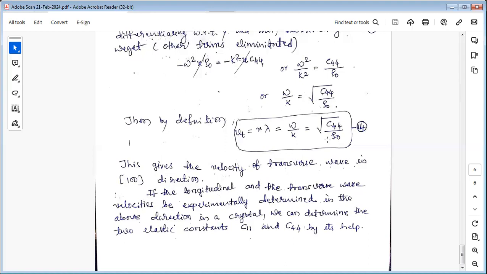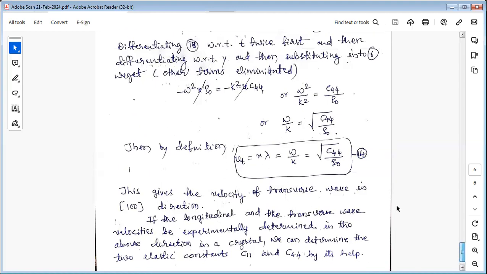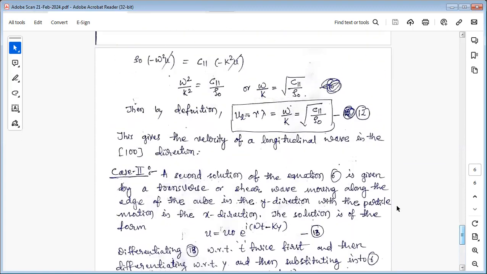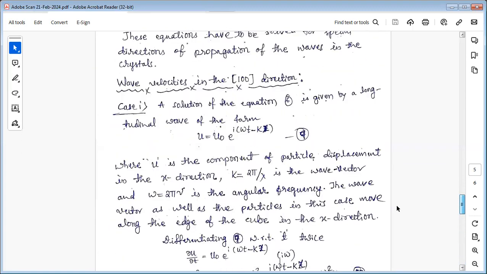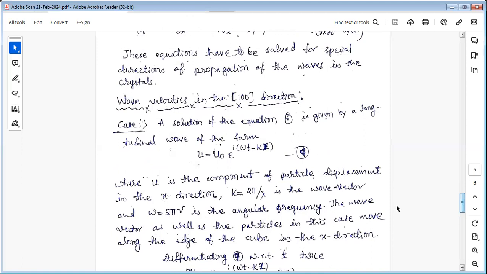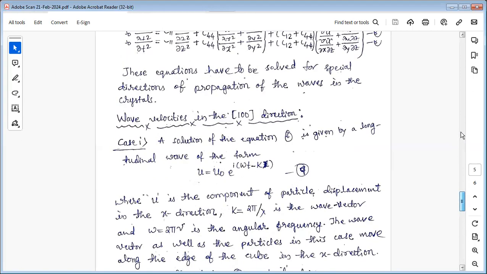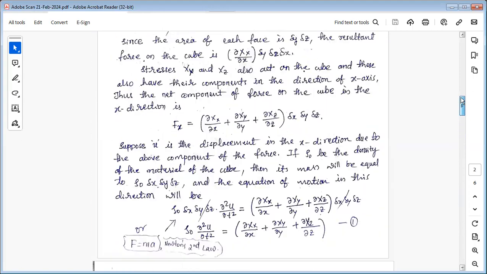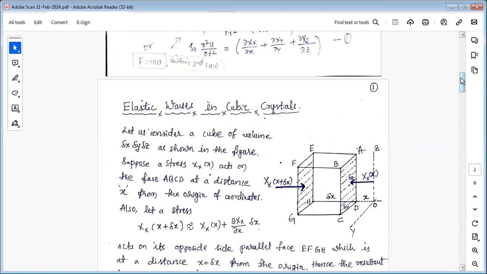So this constant here is C44, and earlier it was C11. These two constants can be determined if the velocities are determined experimentally. So it's all about the velocities of the elastic waves in the 100 direction in an elastic material.